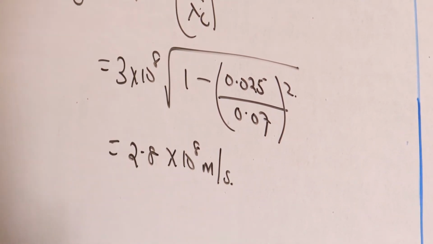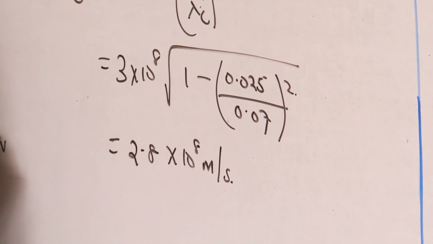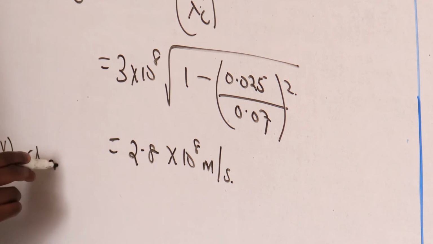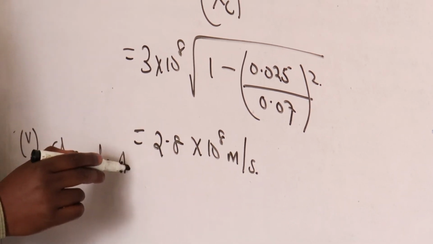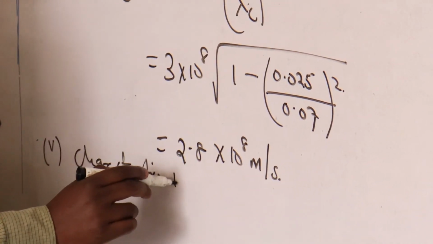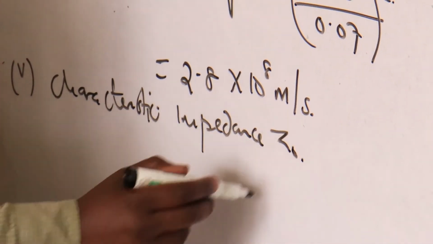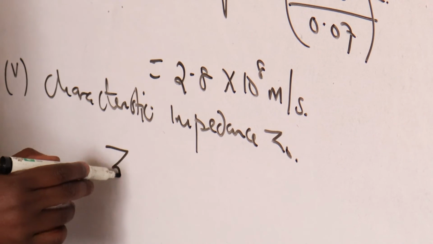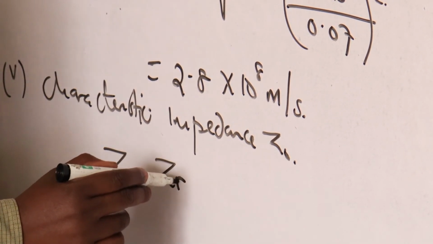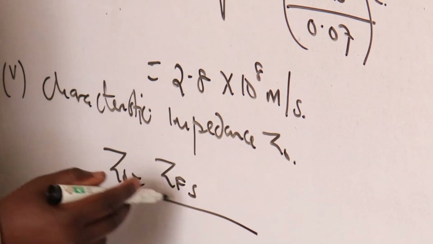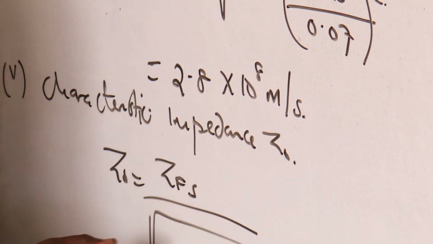Then our fifth term was the characteristic impedance, Zo. Our Zo was supposed to be ZFS, which is the free space impedance, divided by the square root term.